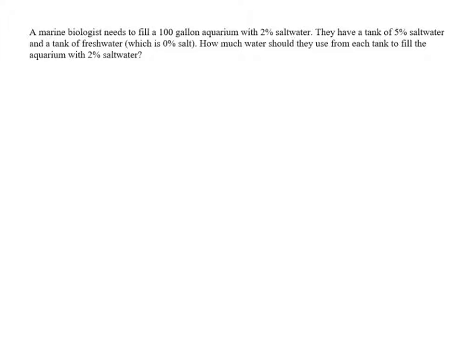We have to start with our let statements, and in this case they ask how much water should they use from each tank. And the tanks that they can use are the 5% salt water and the fresh water.